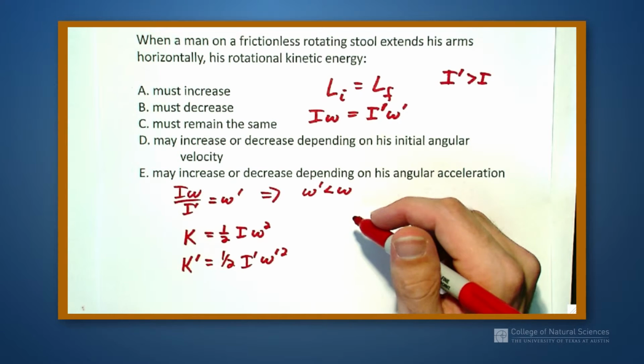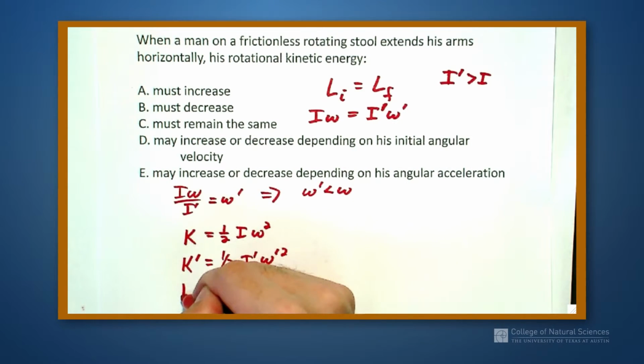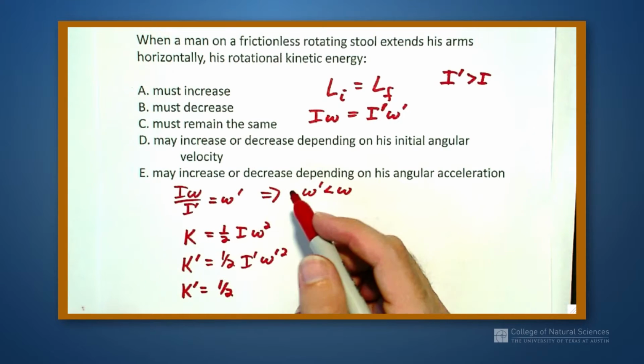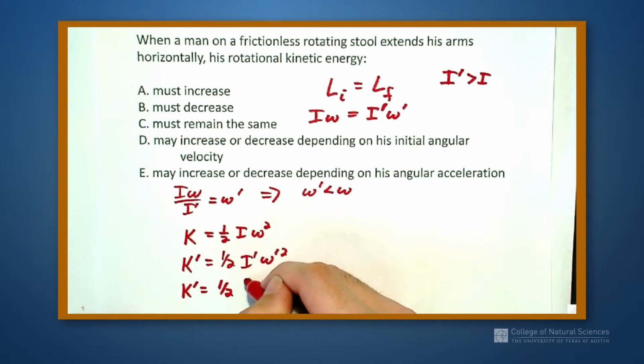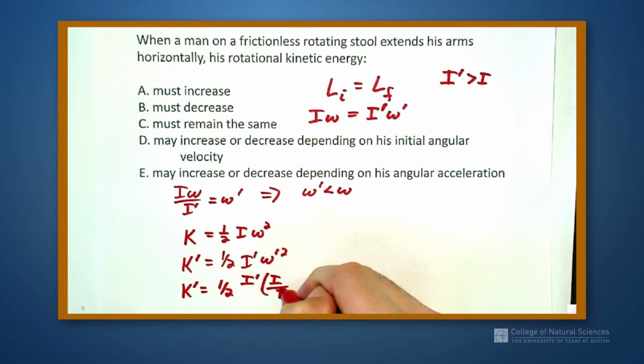So I'm going to rewrite K prime as 1/2 I prime times I over I prime omega, and that inside the parenthesis is omega prime.